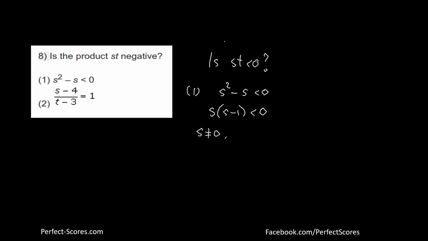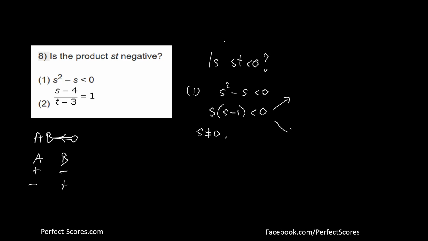Another thing is, if the product of two numbers is negative, there are two possibilities: either this is positive and this is negative, or this is negative and this is positive. If the product of two numbers is negative, one of them has to be negative. Both of them cannot be positive, and both of them cannot be negative. So that means two cases, and again, I'm using algebra here, I'm not plugging in yet.